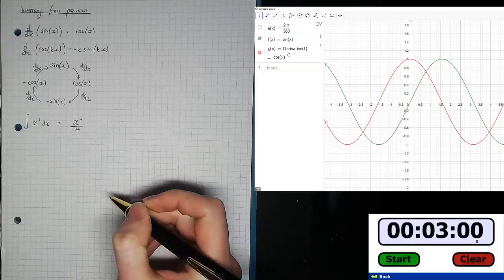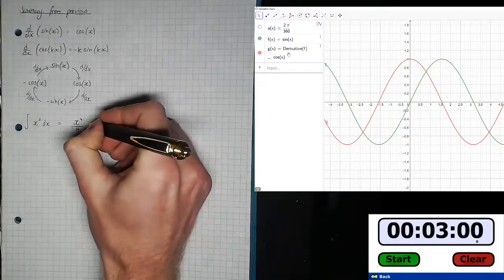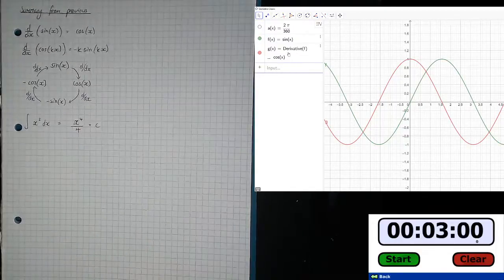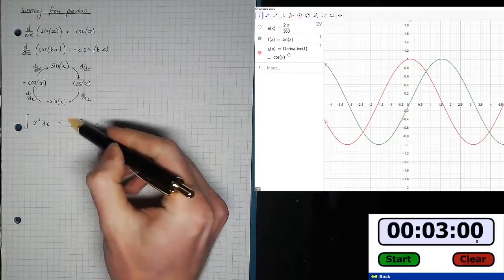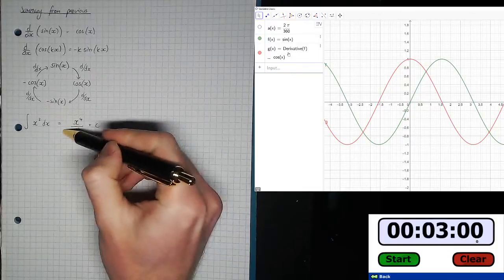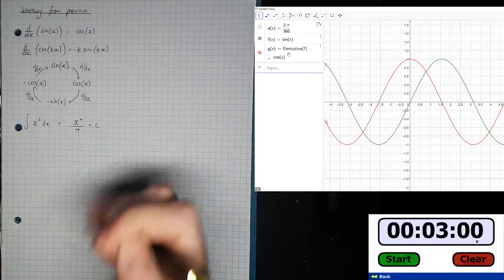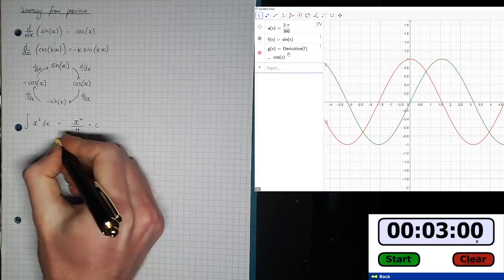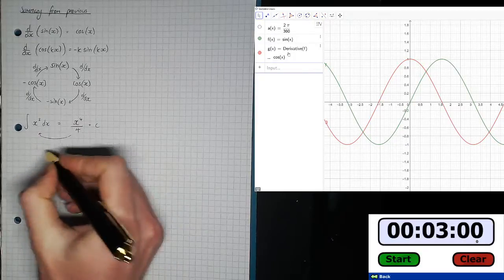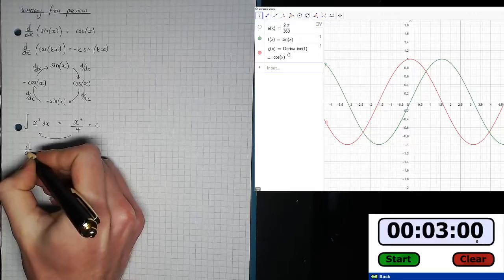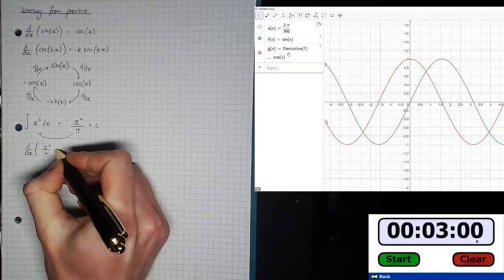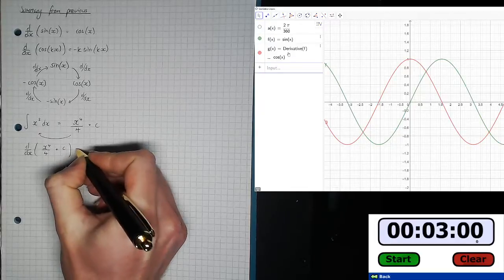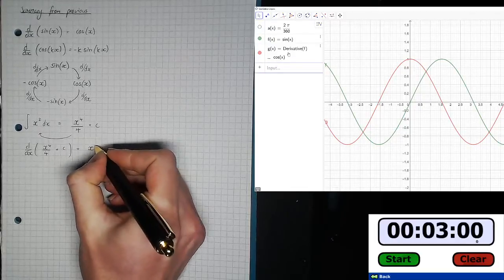Dividing by the new power would give us dividing by 4. And we'd have this constant of integration added on. Okay? And that's because if we were to differentiate this thing, we would end up back where we started. Okay? So if I were to find d by dx of x to the power of 4 over 4 plus some number, I would get x cubed.